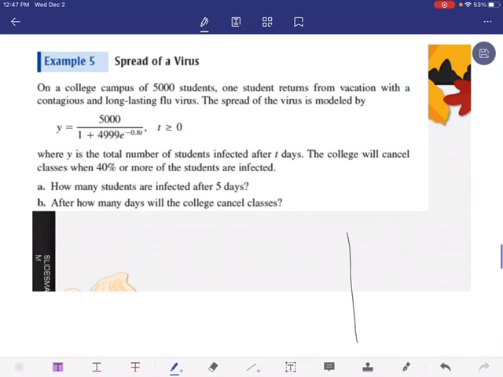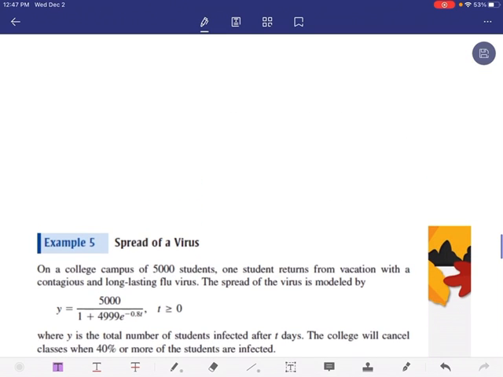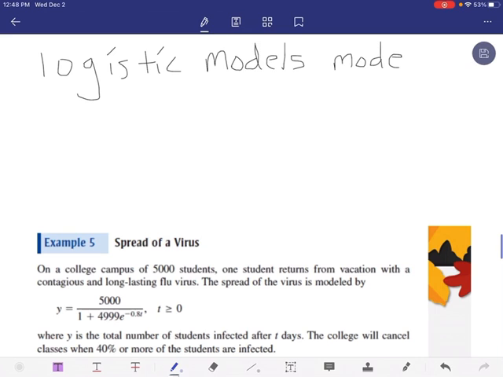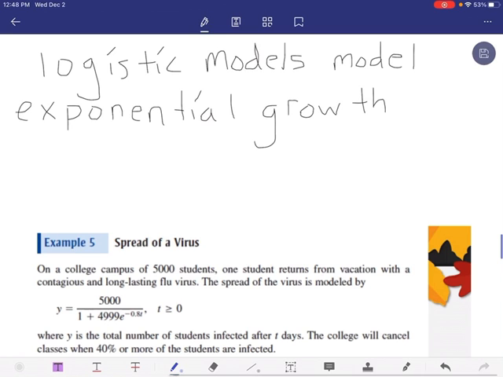And the reason why logistics models are important is because they model exponential growth with a limiting factor.